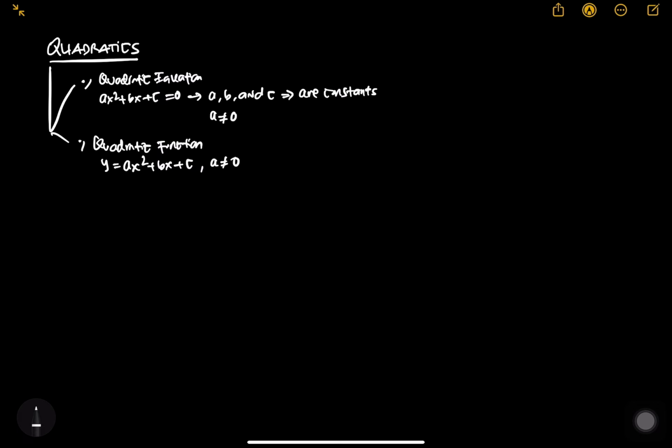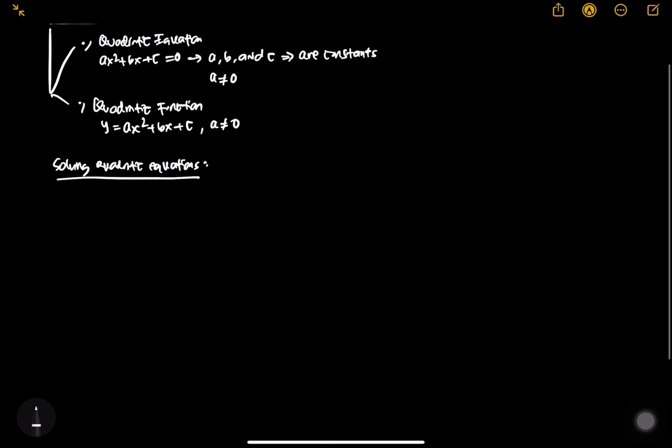Now, let's see how we can solve this quadratic equation. Solving a quadratic equation, you have to know four methods that we can use. The first one, you can factorize it.